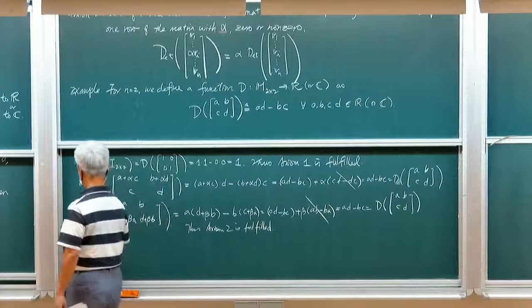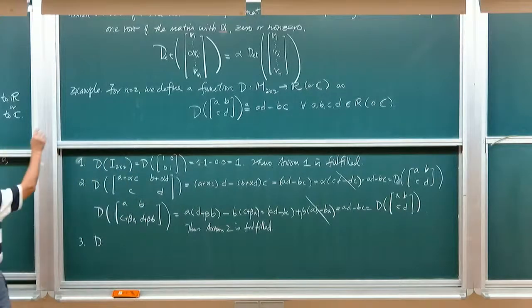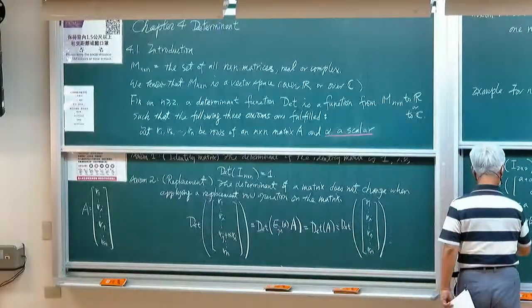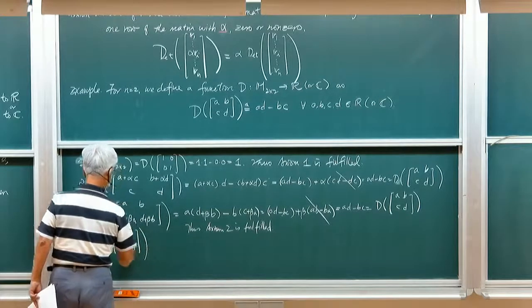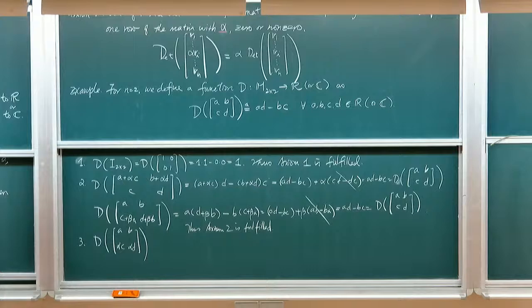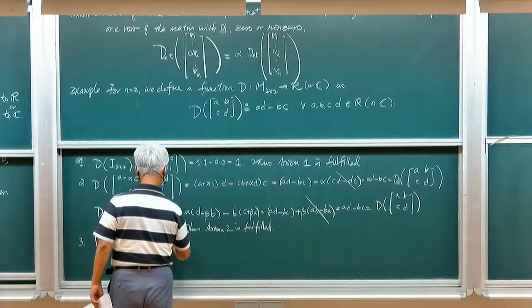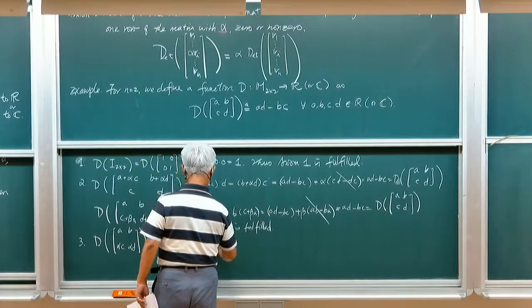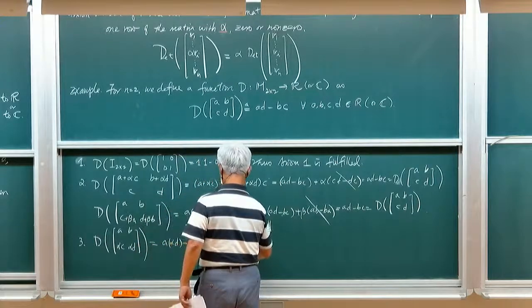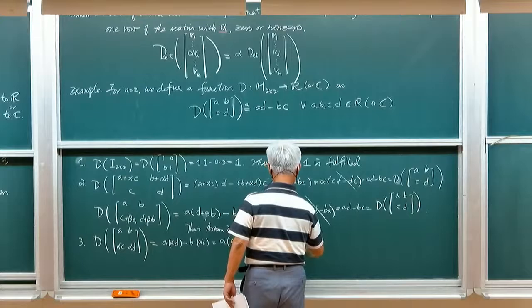And the third thing is about the scaling. Here. So suppose we scale the second row by alpha. And this is A times alpha D minus B times alpha C. So this is alpha times AD minus BC. So this is alpha D of ABCD.